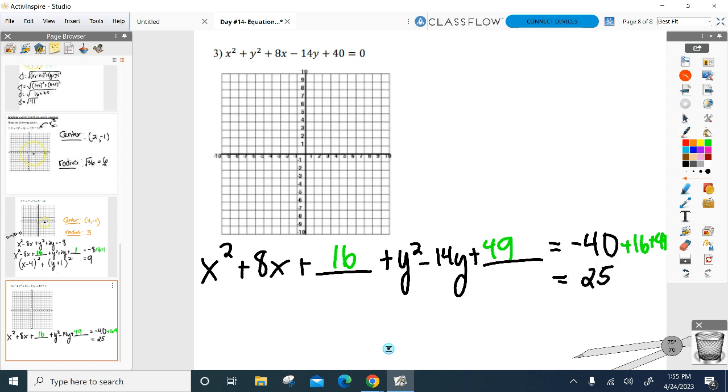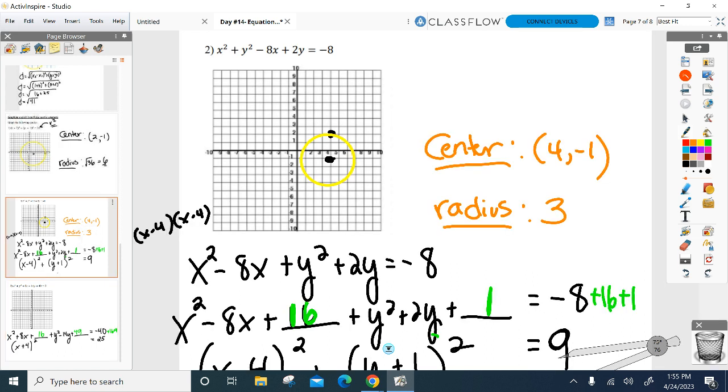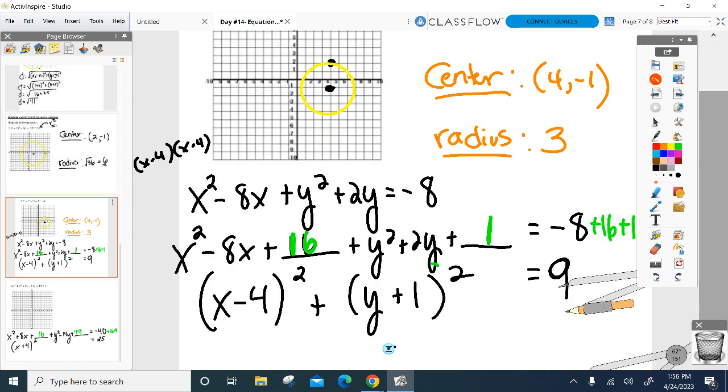All right, you ready to factor again? Two numbers that multiply to 16 but add to 8. x plus 4. Anybody catching on here that factoring is really not needed to figure out what's going to go here? Where could I just get 4 from? Where could I have just gotten negative 4 from?